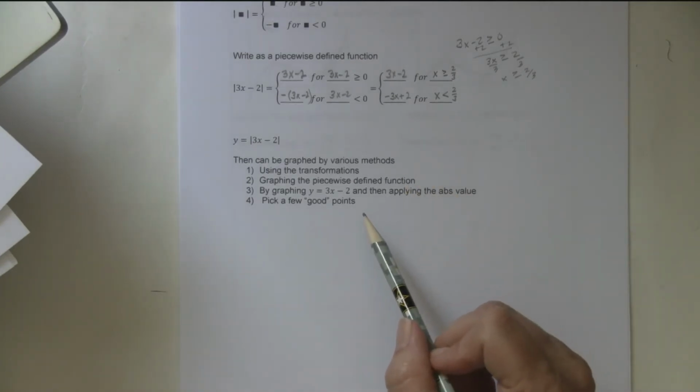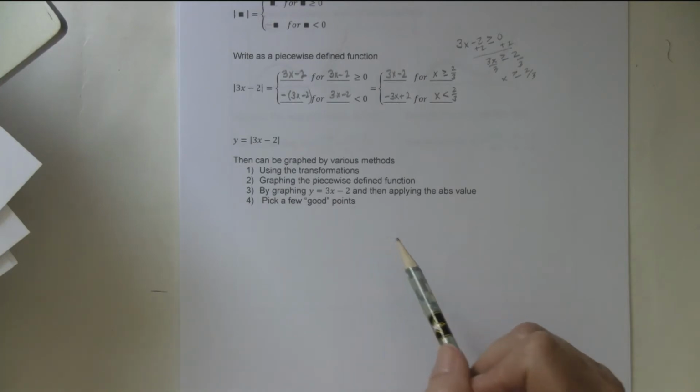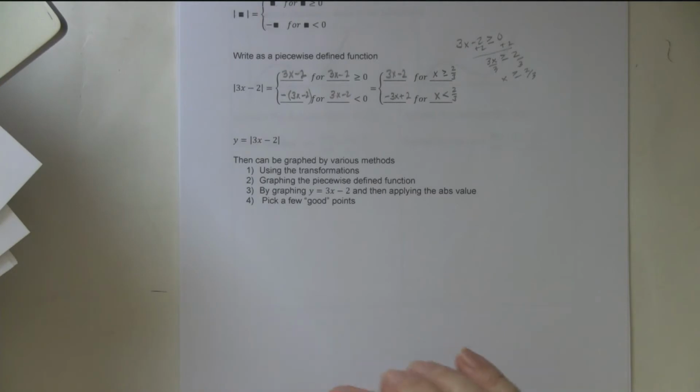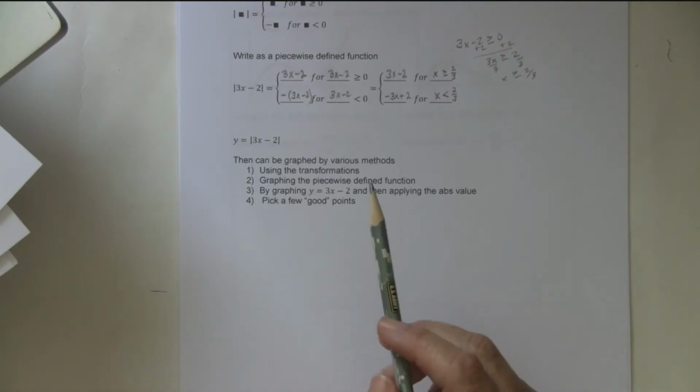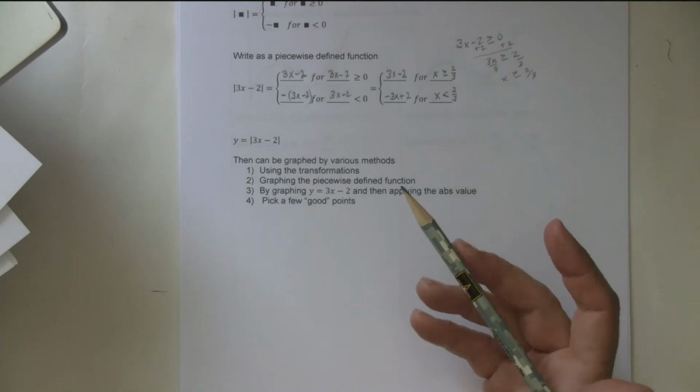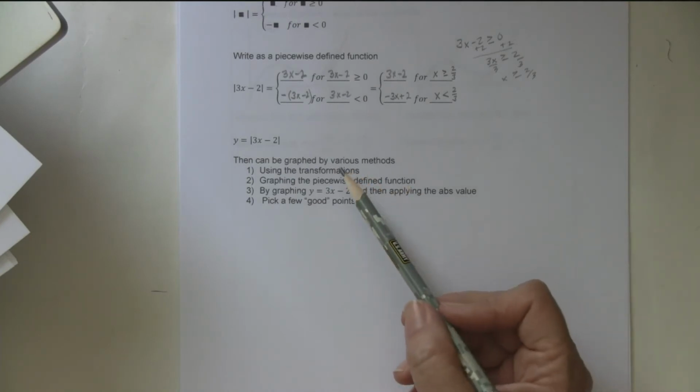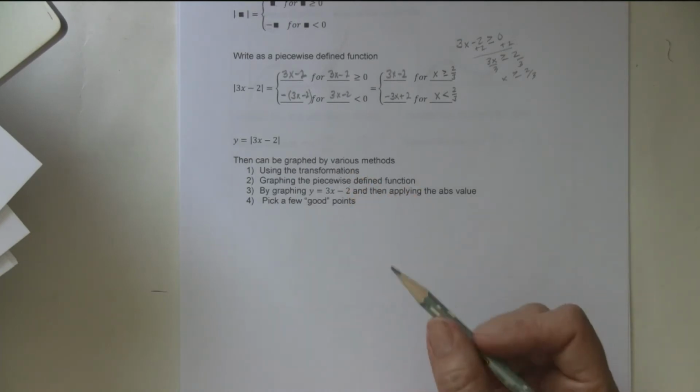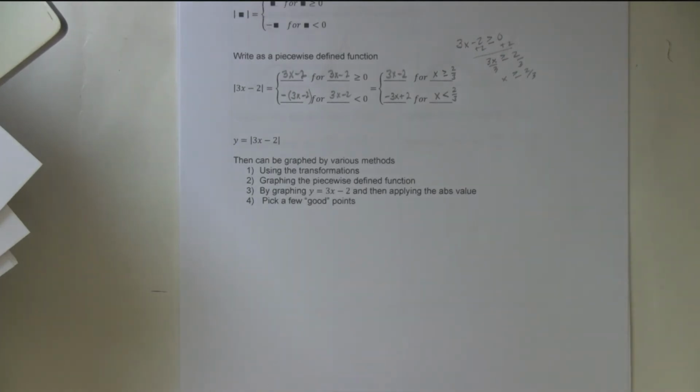A lot of people tell you that they don't like to pick a few good points. And I have to admit that I'm a point picker. I do like to pick good points and put them on there. When you're picking good points, it requires that you know some things about what it's going to look like.